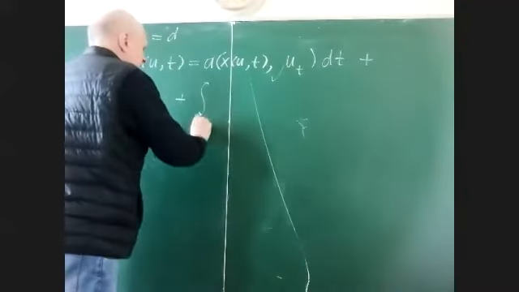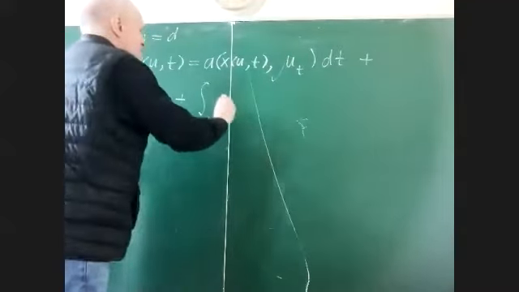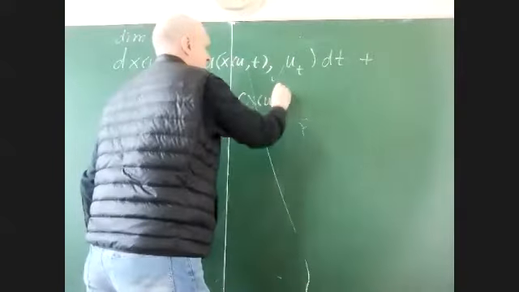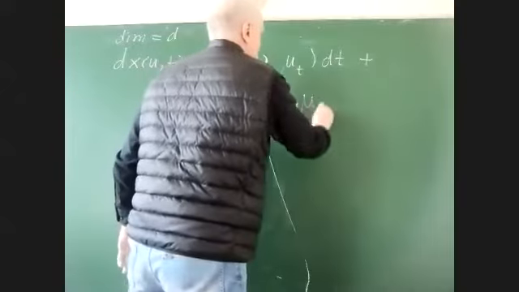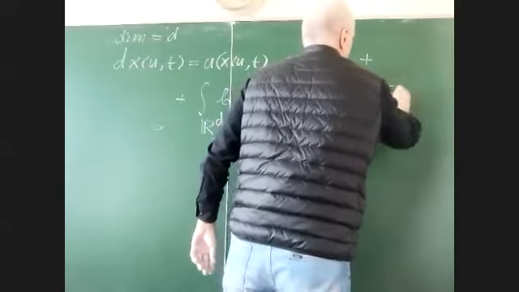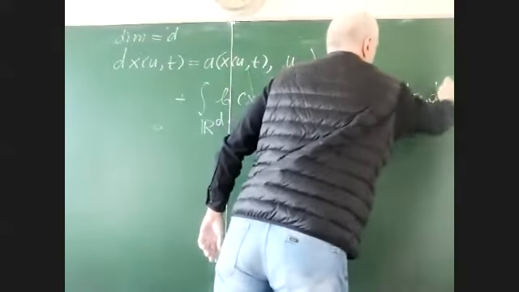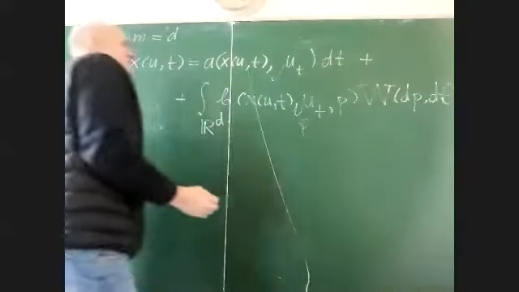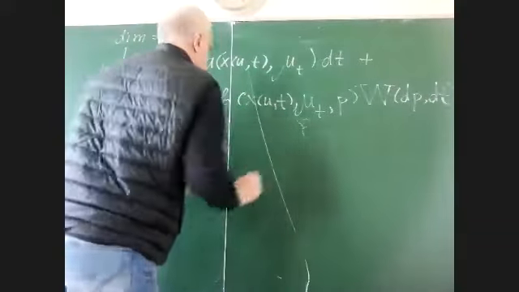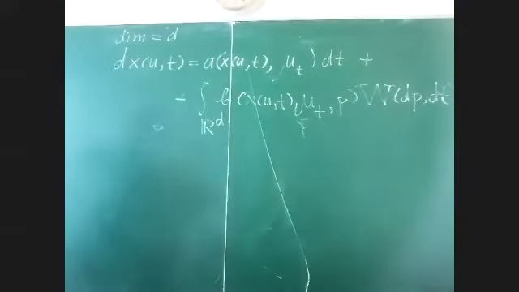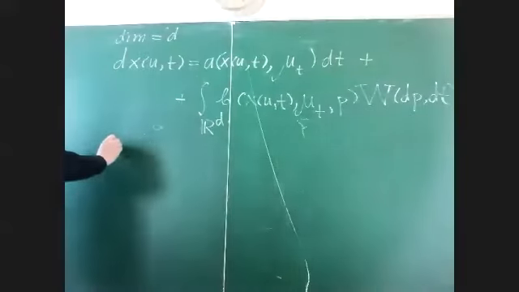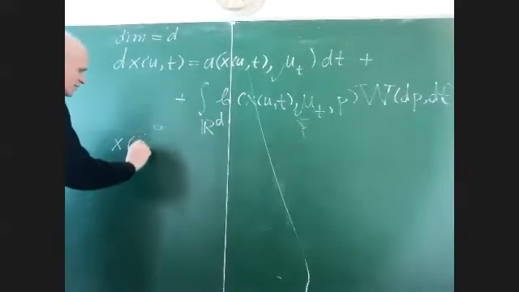So it will be the integral over v of x, mu t, dW(v, dt). I will explain what it is and rewrite it in a much more familiar form. The initial condition is the following.